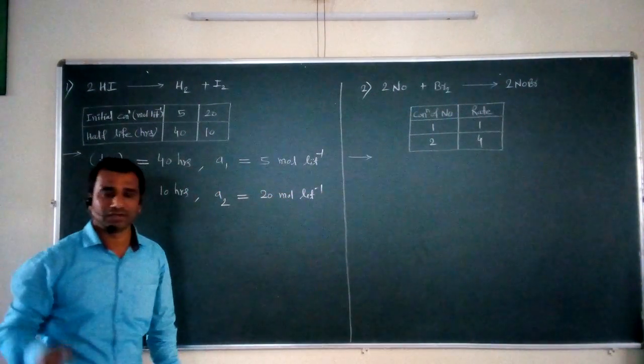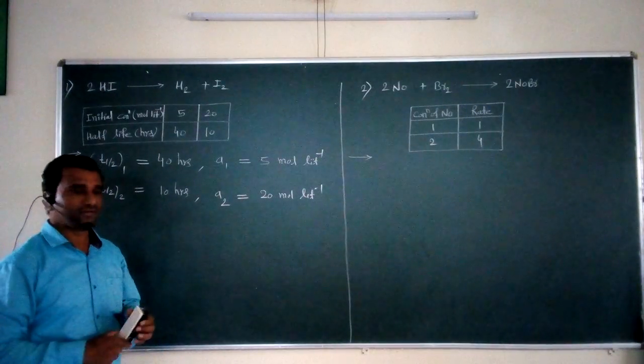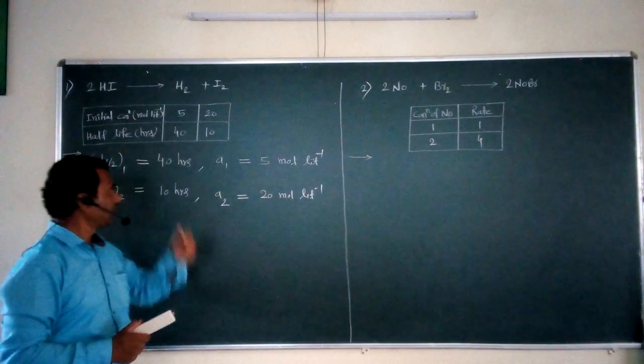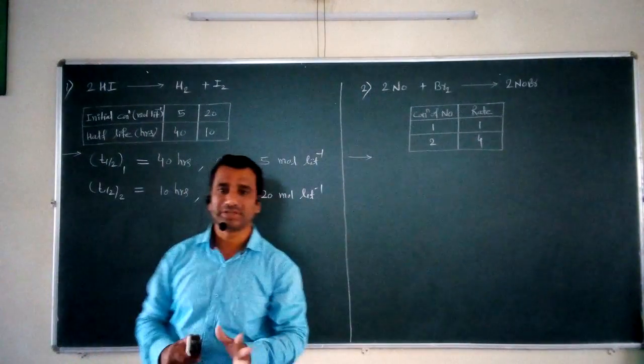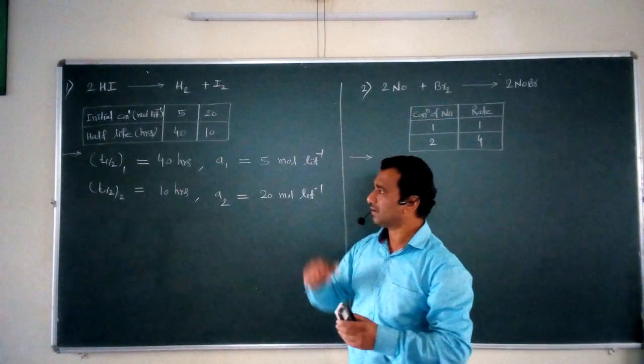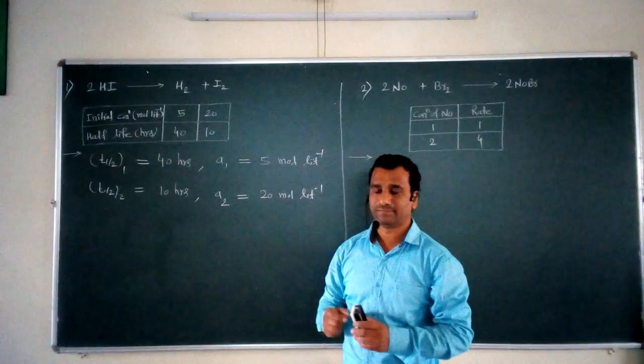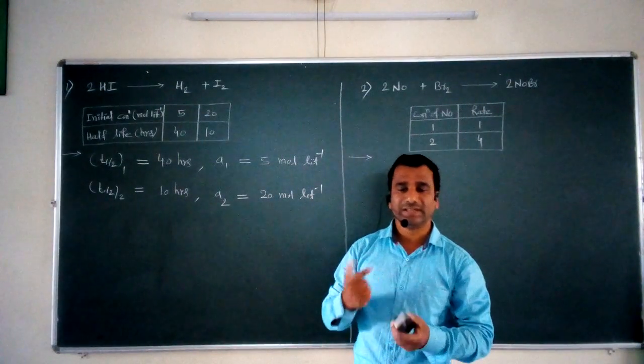These are the 4 different parameters given for calculating the order of reaction: T half first, T half second, A1 and A2.